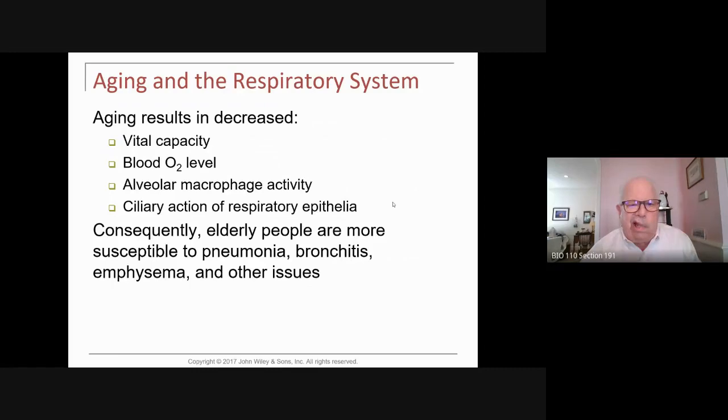You lose cilia in your respiratory cells. So people of my age, and I am elderly, are more susceptible to pneumonia, bronchitis, and emphysema. Okay? So as you age, you are more susceptible to many, many diseases. All right?